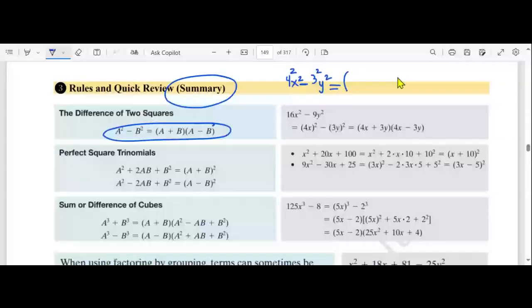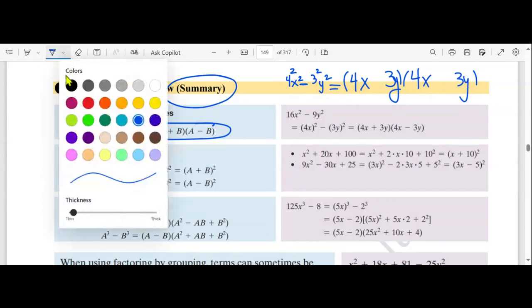So we're going to apply this formula, right? Who can tell me what will be the answer? 4x, correct? 3y.